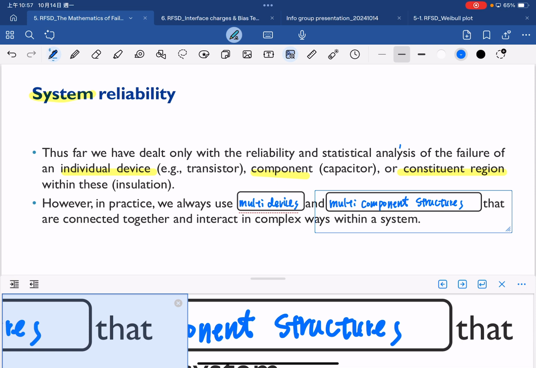We use multiple components and multiple devices connected together, so we have to understand system reliability as well.